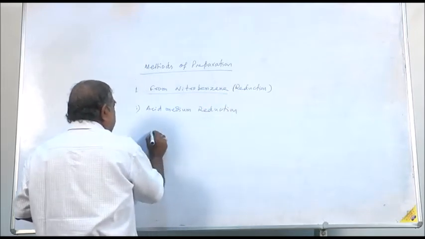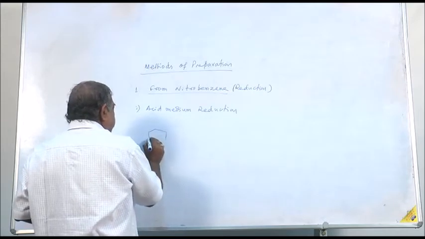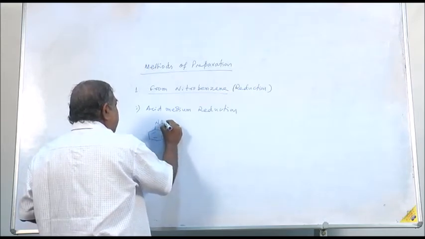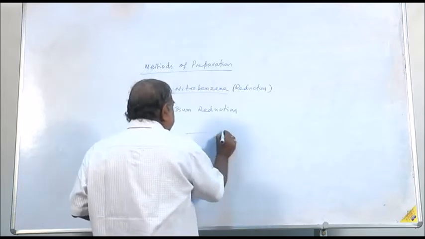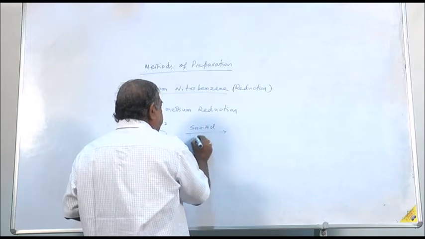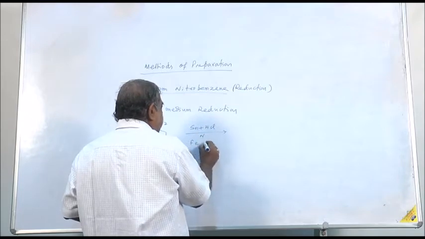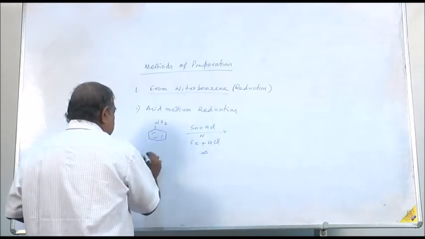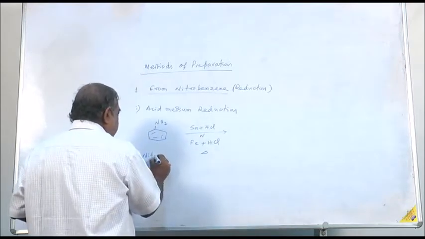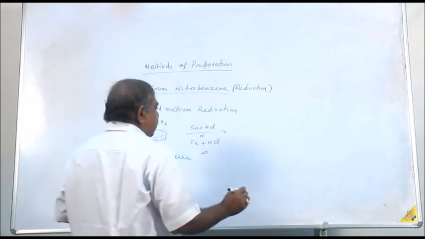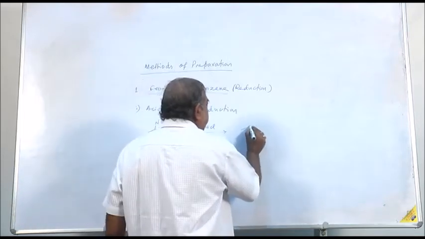When nitrobenzene is reduced by a mixture of tin and hydrochloric acid or iron and hydrochloric acid, the nitro group in nitrobenzene is converted to amino group.